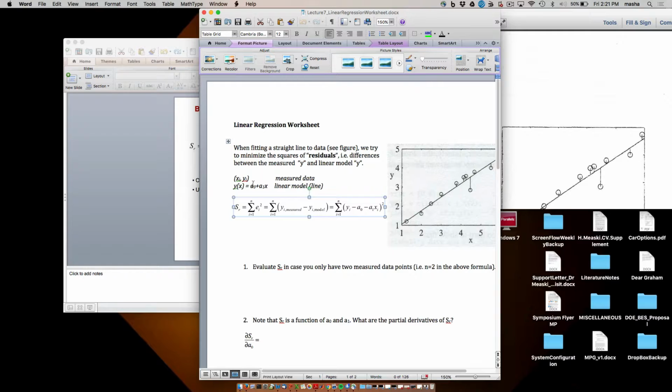That formula is for any n, but just assume that n is equal to 2. So you have the sum that goes from 1 to 2. Write it down. Do that here in number 1. That's problem number 1.